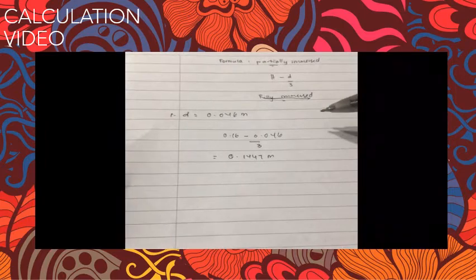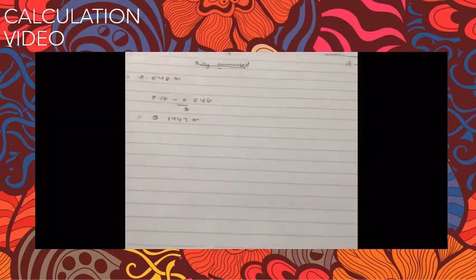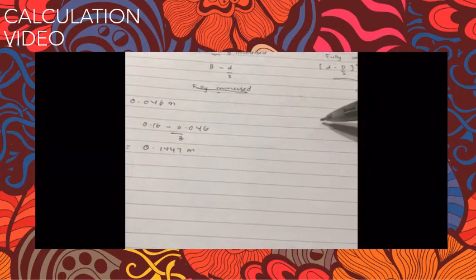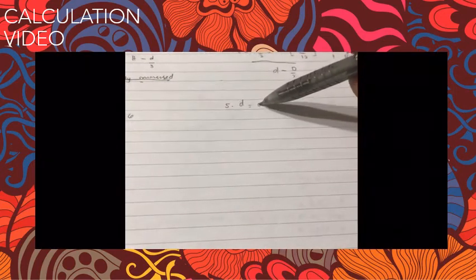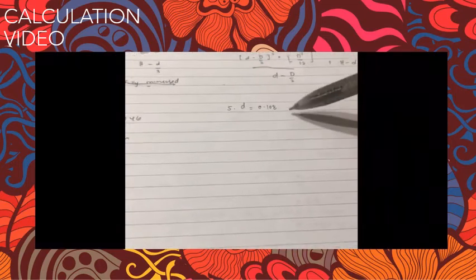For the fully immersed, we use D. Okay, for number 5, D equal to 0.108 meter.